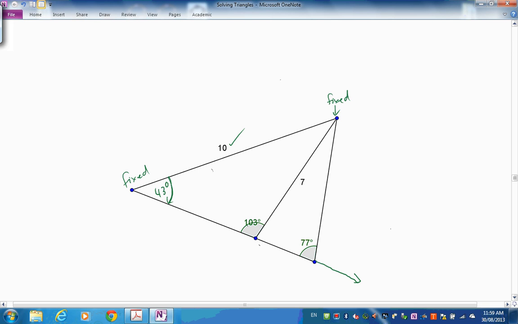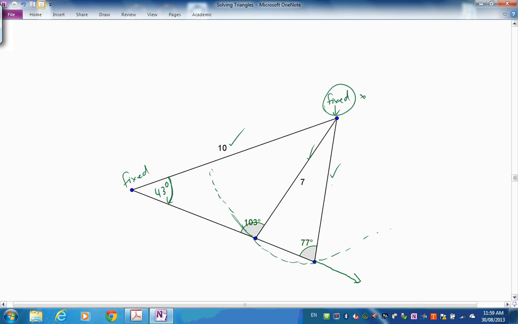Now, if we want 7 to be the length of this side here, there are 2 7s. You watch this now. I'm going to swing an arc from the fixed point of radius 7. Okay, so it's coming through here, coming through here, and there's my arc representing all points which are 7 units from this fixed point up here.